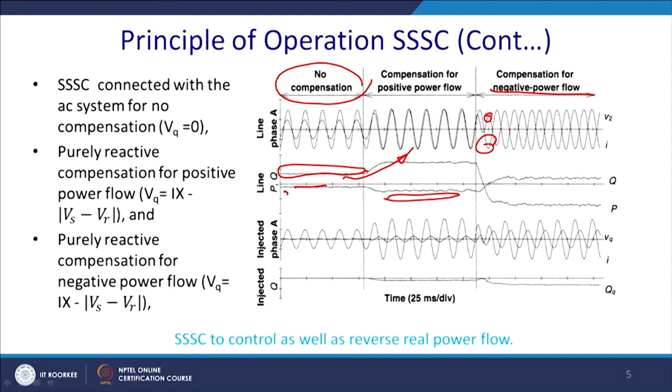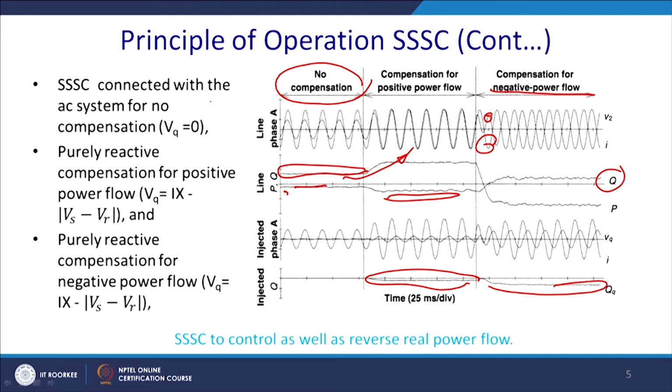And this is the curve for injected Q. Initially it is almost 0, thereafter there will be a little bit of small q, and then a little bit more q that will add up. So this is the principle of operation of SSC.